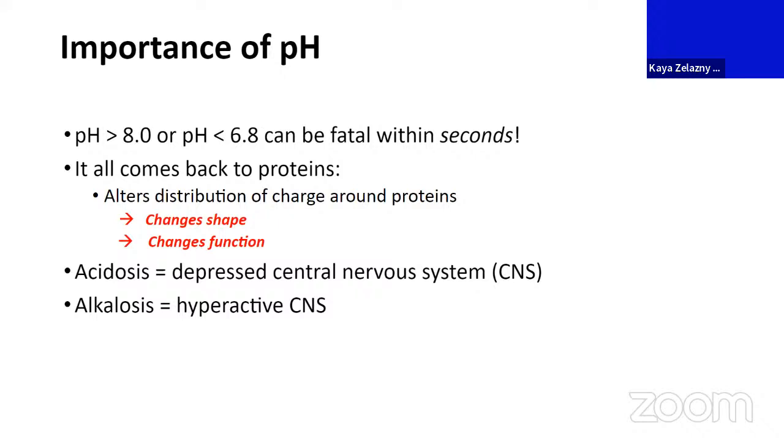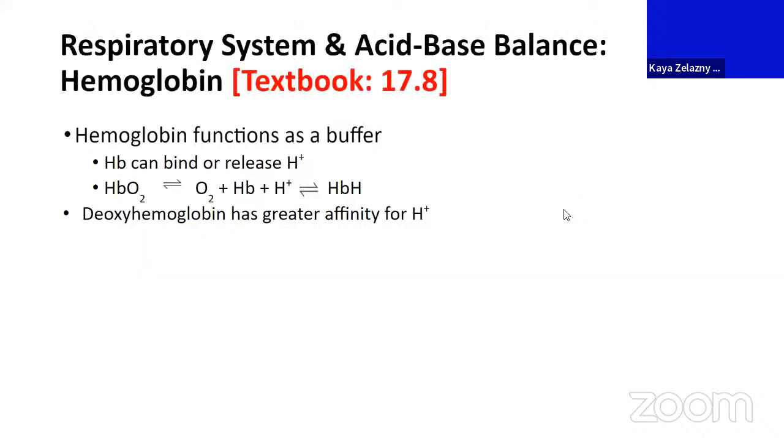They're not going to be firing off as frequently as they should. That's one of the immediate effects. In alkalosis, it's going to be a hyperactive central nervous system, so you're going to be firing off your action potentials when you don't want to. If you mess with your nerves, it's really not good for your body.